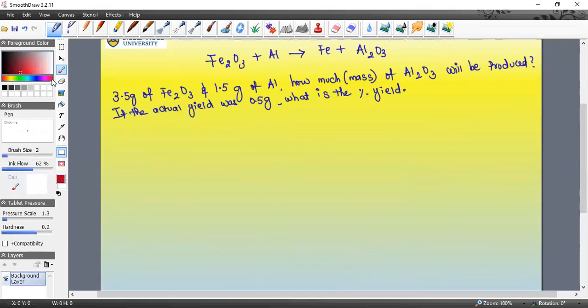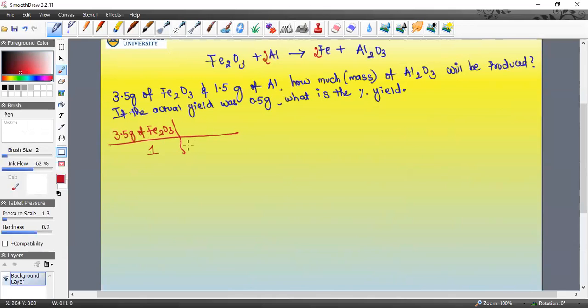Assuming you have worked out the problem, here's what it looks like. So we first balance the equation before we proceed. I'm starting with 3.5 grams of iron oxide, right? And that's my given information. Like I said, you treat each of the given masses as two separate given informations.